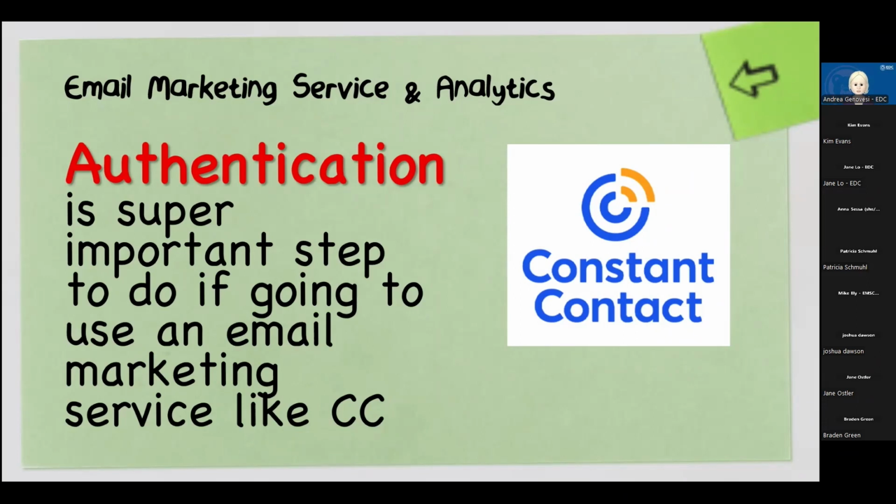So if you're using an email marketing service, you'll want to do that. And why that's important, and it's a step through IT, is it labels that your email is not phishing or a spoof, and that ensures that your email is more likely to get through to your contacts. So people who've had problems in the past probably have not gone through that step.